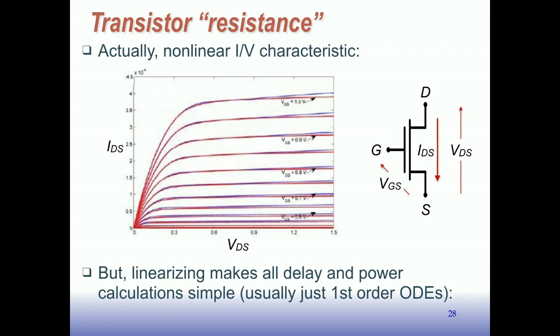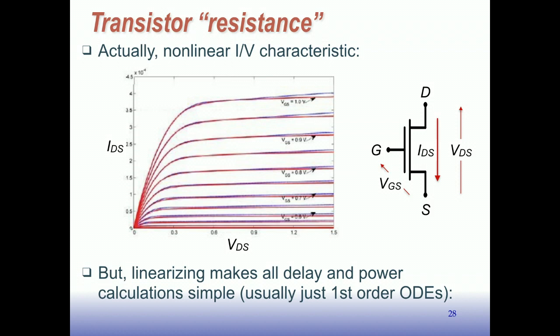It's nonlinear in a very interesting way. It saturates. If we get the drain to source voltage, VDS, past some relatively small amount, then the current becomes independent of the voltage across it. It looks more like a current source. It's got this saturating nonlinearity.